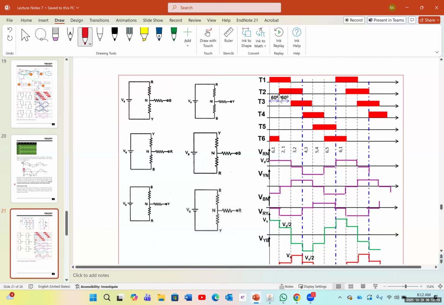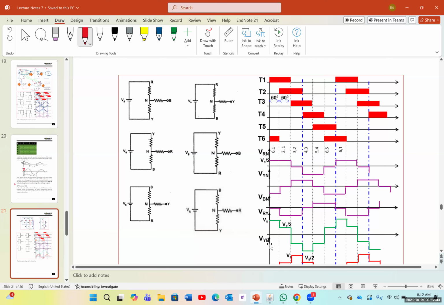And by the way, this is Vrn. Then we have Vyn, Vbn, Vry, Vyb. The ones between the phase and the neutral are the phase voltages, and the ones between 2 different phases are the line voltages.